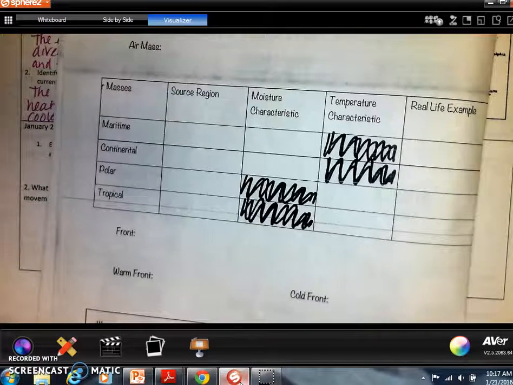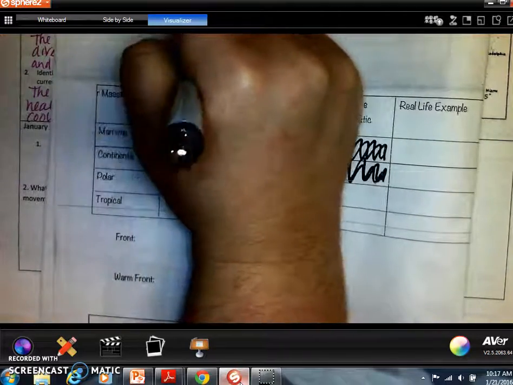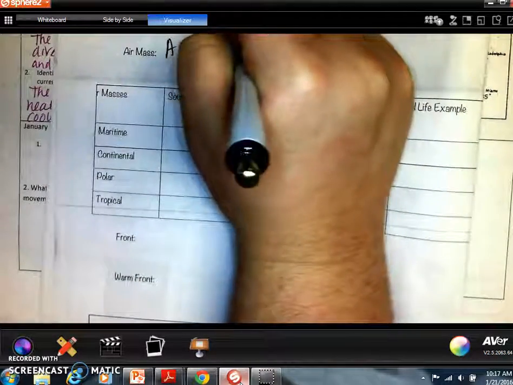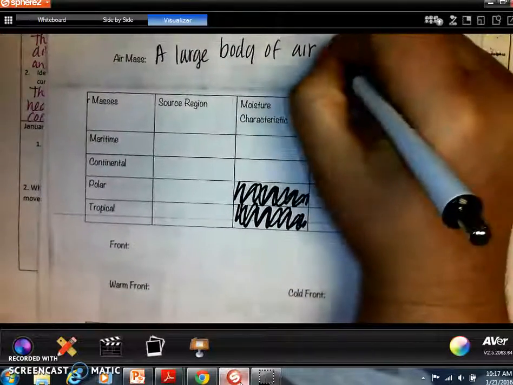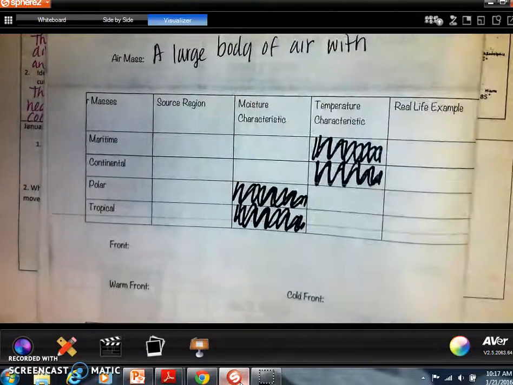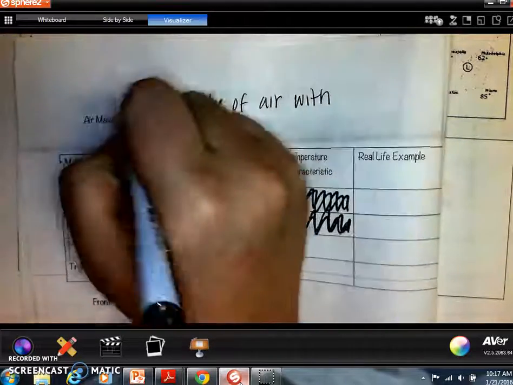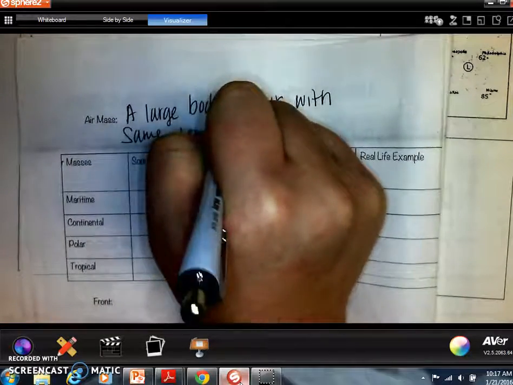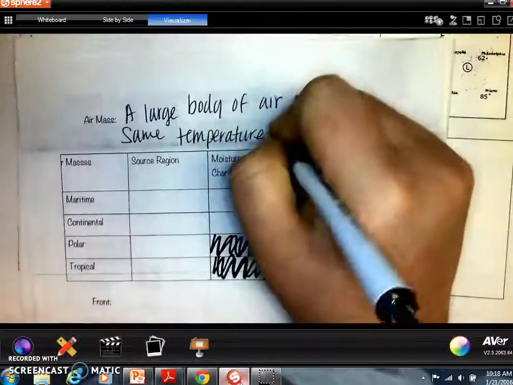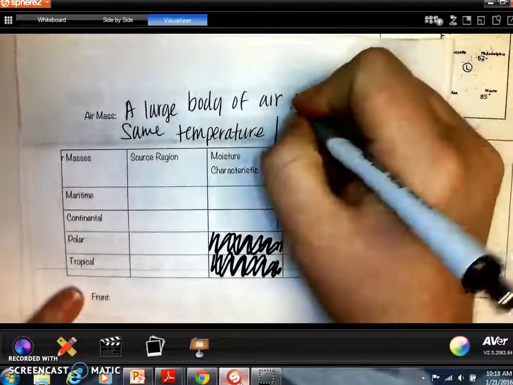All right, so for this one, air mass is a large body of air with the same temperature, and do we know the word humidity? Okay, so that's like moisture or humidity.